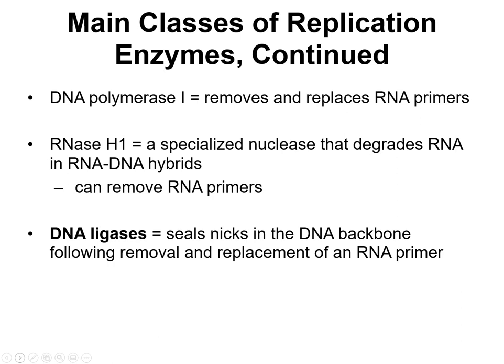Then, of course, we've got pol 1, which removes and replaces the RNA primers. That's one of its functions. And we've got RNase H1, and that's a special type of nuclease that will degrade the RNA in an RNA-DNA hybrid. It can also remove RNA primers. So we actually have both of these.